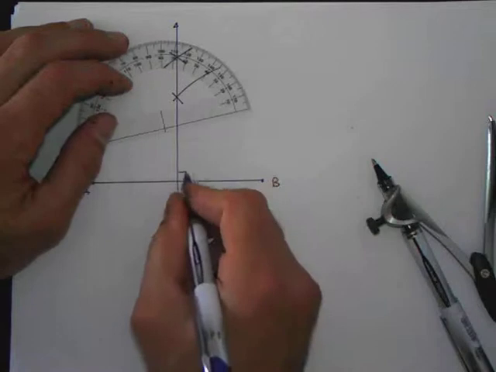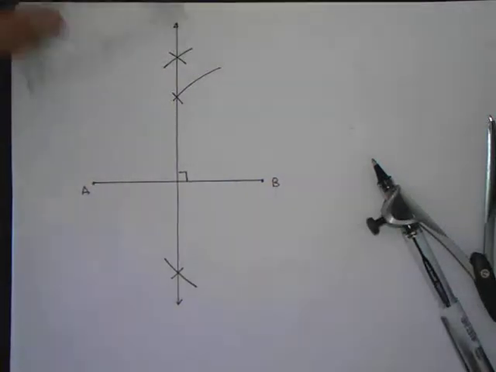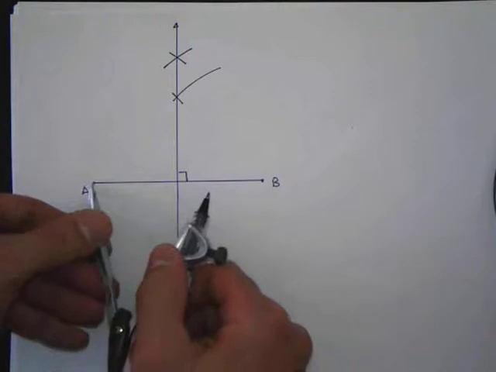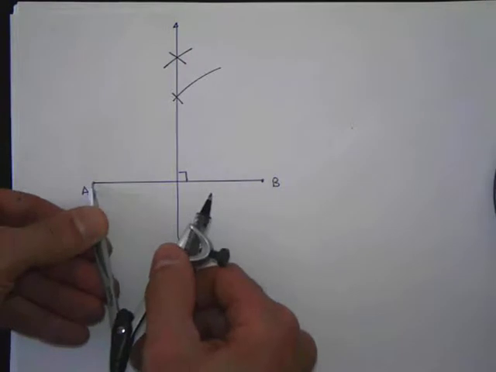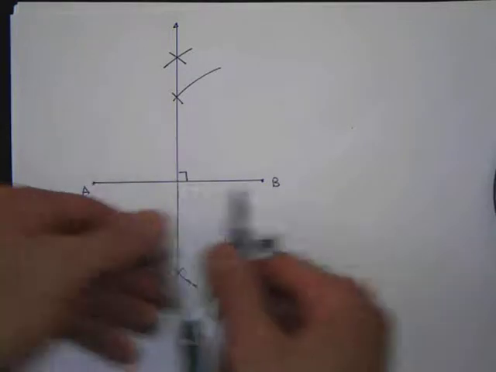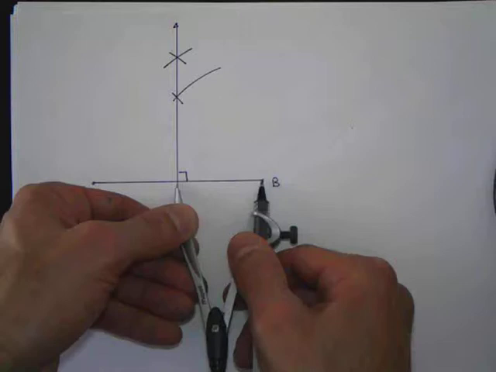So it is perpendicular. Now how about the question, is it a bisector? And I can measure that with a ruler. I can also use my compass to capture that distance on one side and then bring it over here and see if it matches. It's a perfect match.